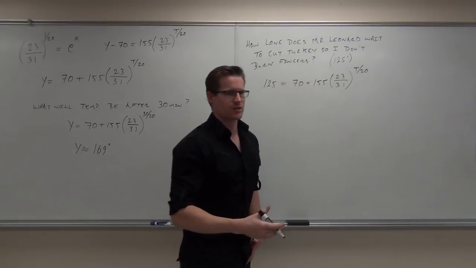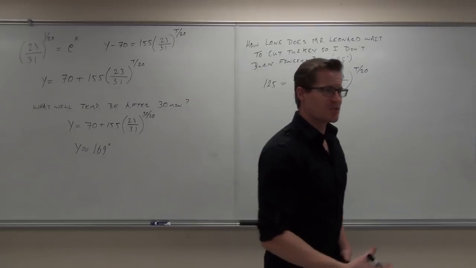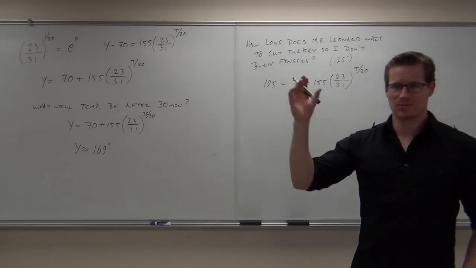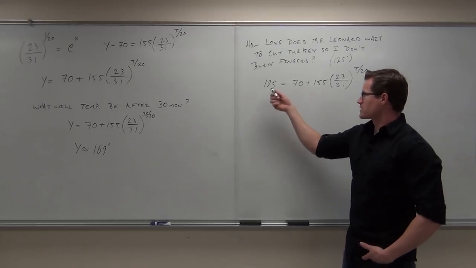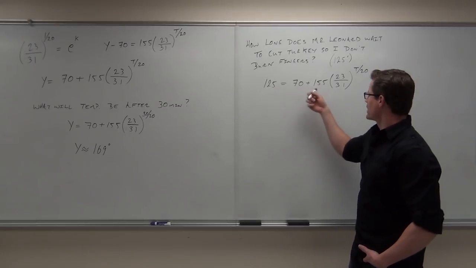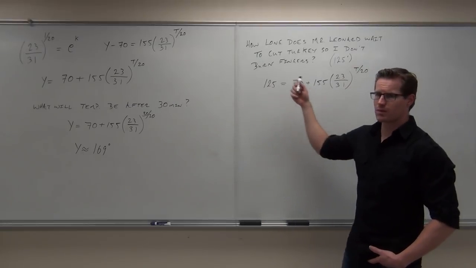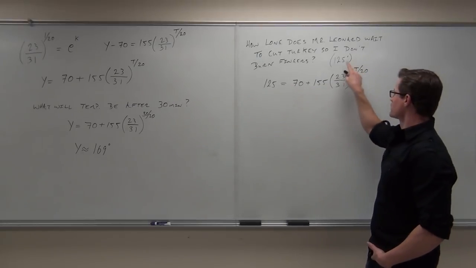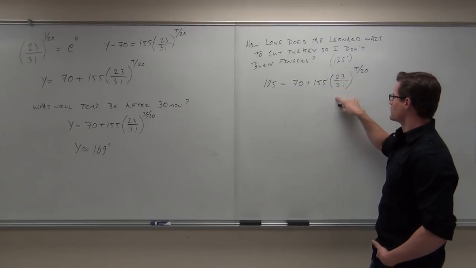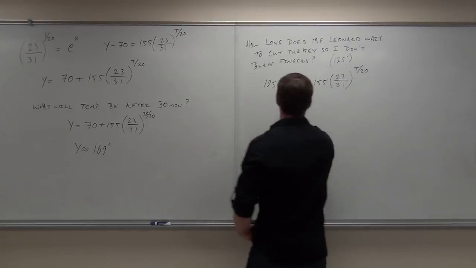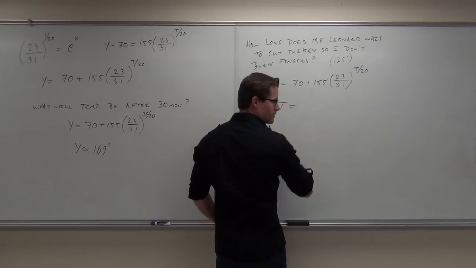And then we start solving this thing. To save time, I'm just going to give you the answer. We'd subtract 70. We'd divide by 55. We'd take a natural log on both sides. We would move our t over 20 to the front. We'd multiply by 20, divide by ln of 23 over 31.